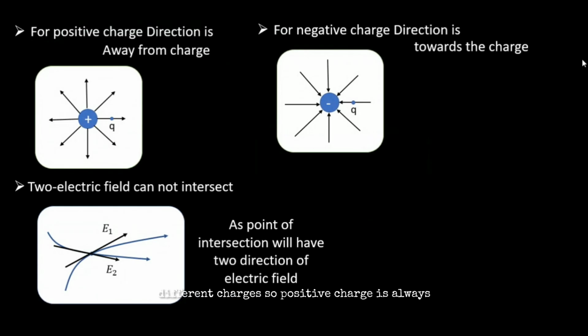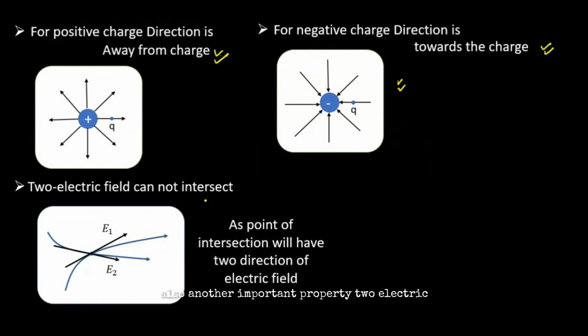A positive charge always exerts field outward, that is, away from the charge. Whereas for a negative charge, the field direction is always towards the charge. You can see how it looks. Positive will exert field in the outward direction, whereas at a negative charge the field will terminate, it will end. If it ends, it will look like that.